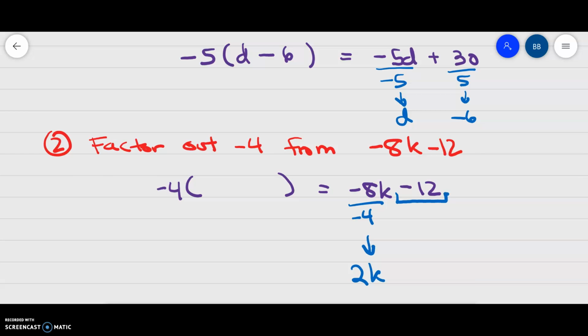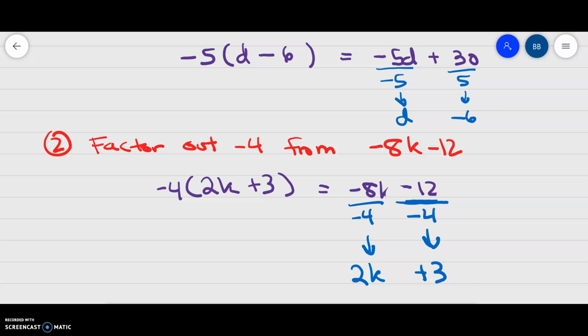So this minus 12 stays with the 12, and we can think of it as a negative 12. So we can think of this as negative 12 divided by negative 4, which would be a positive 3. So my terms I would write in here would be 2k plus 3.